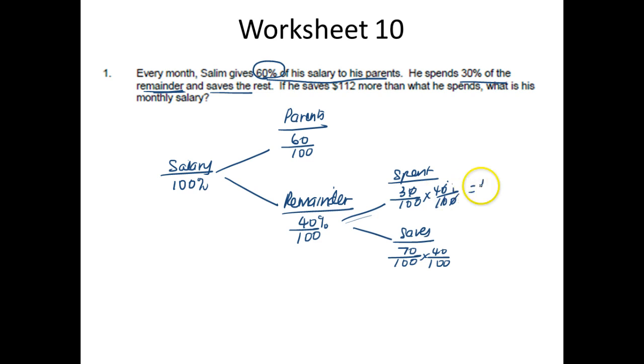I will get 12 out of 100, which is 12%. For this one, 28 out of 100, which is 28%.